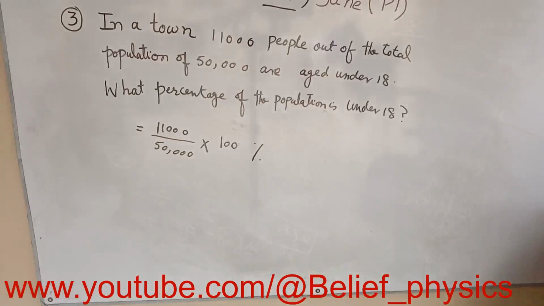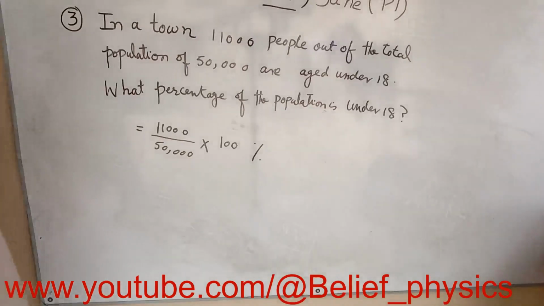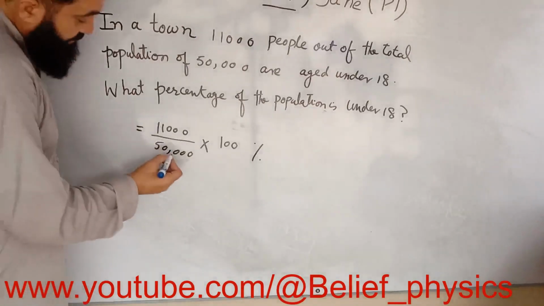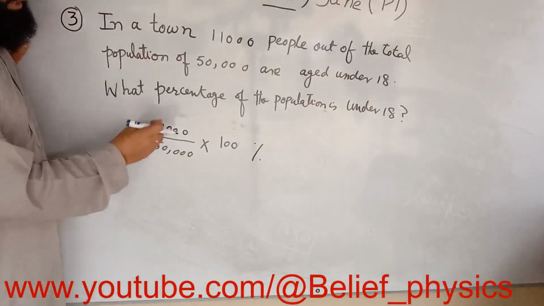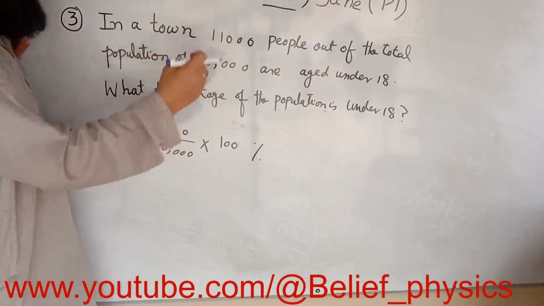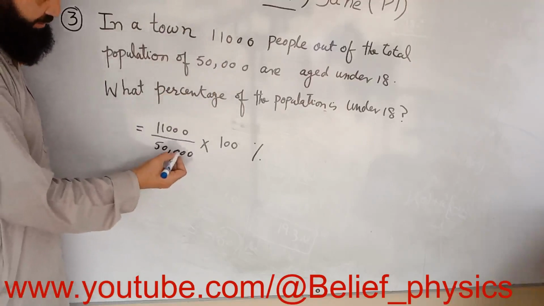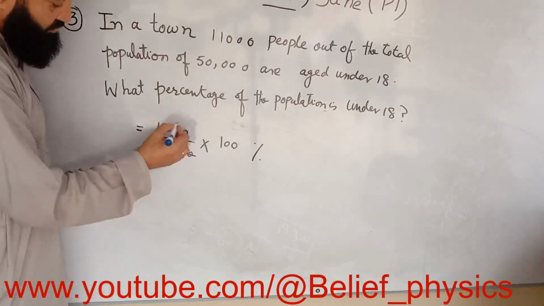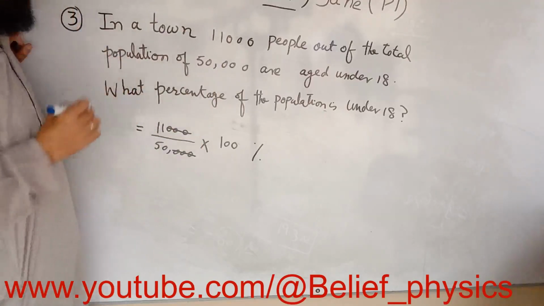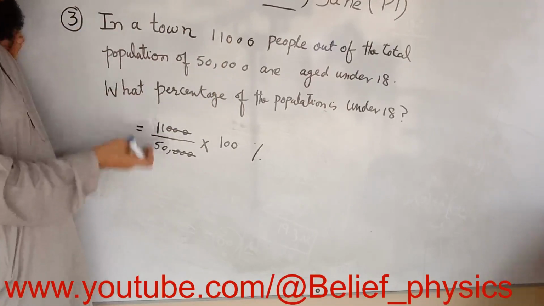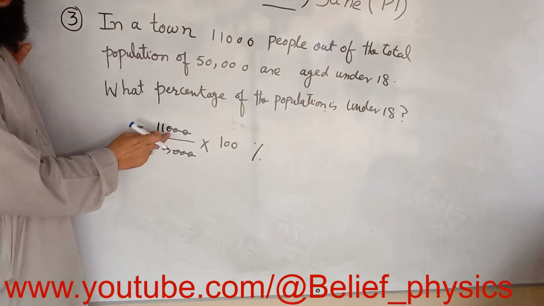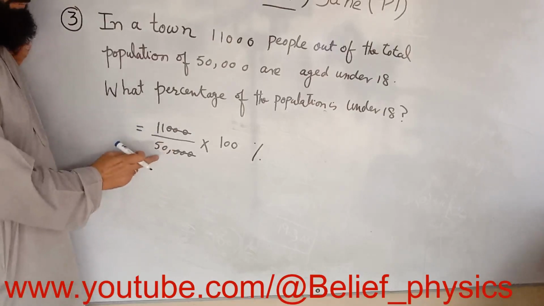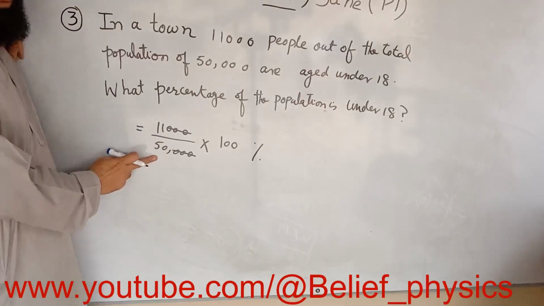Now, calculator is not allowed. How to solve this? If the zeros in the numerator and denominator are on the rightmost side, they can be cancelled. Here, these 3 zeros will be cancelled with these 3 zeros. Actually, we divide both by 1000. 11,000 divided by 1000 gives 11, and 50,000 divided by 1000 gives 50.